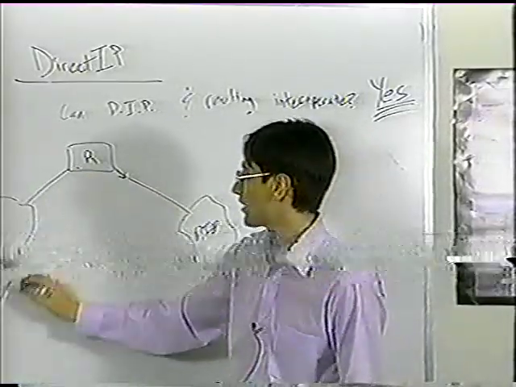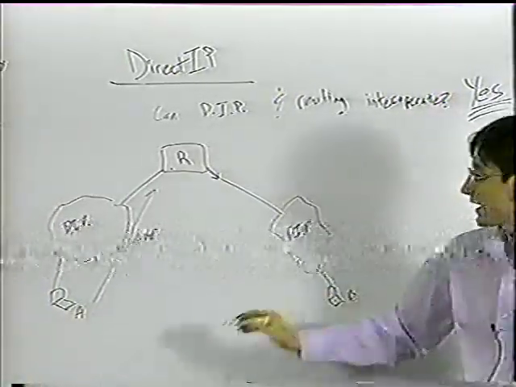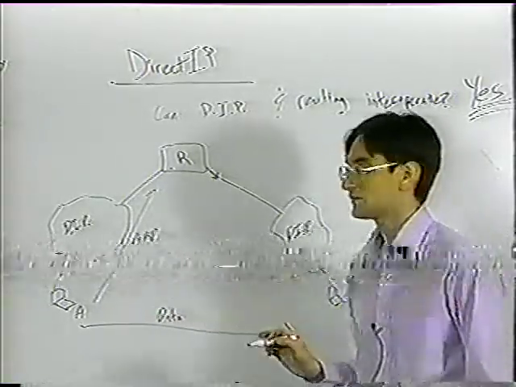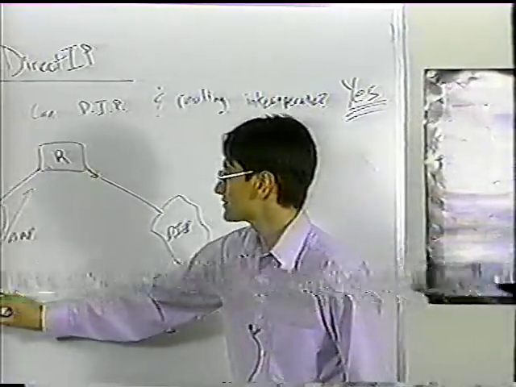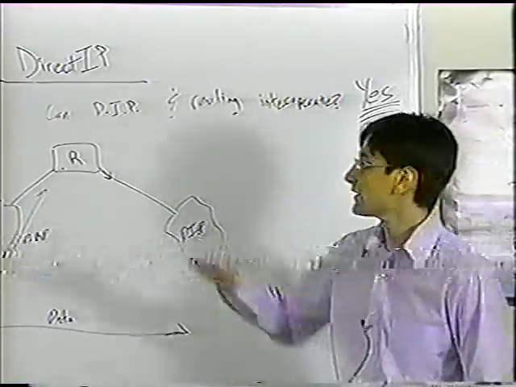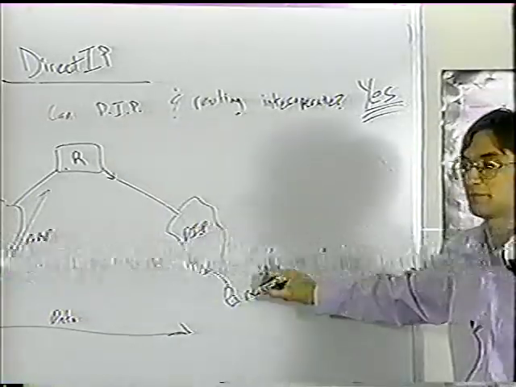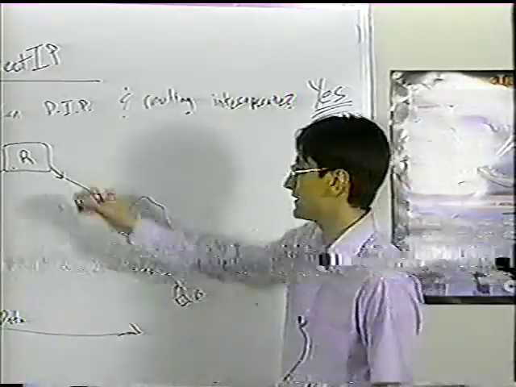So station A will ARP the router and then send data directly to the host via IP, but of course via Ethernet the data will go towards the router. The router will of course perform the same task. The router will ARP station B. It's the same process, only in reverse, so there's no difference in behavior.